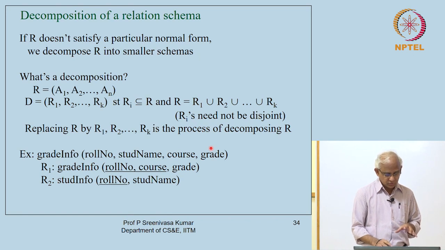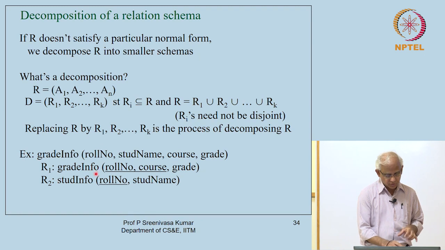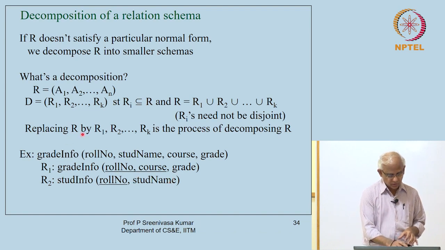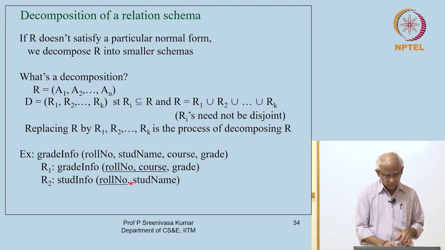During that we decomposed this into these two relations, roll number, course, grade and roll number, student name. So here is an example. We replace this R by this R1 and R2, and the attributes are in the two relations, the union is back the entire set of attributes.